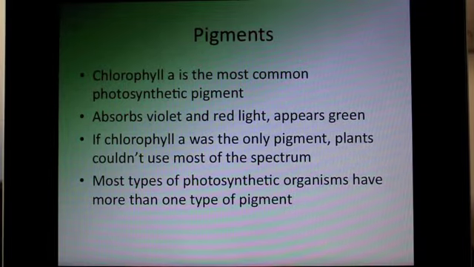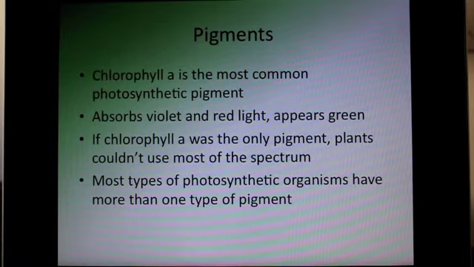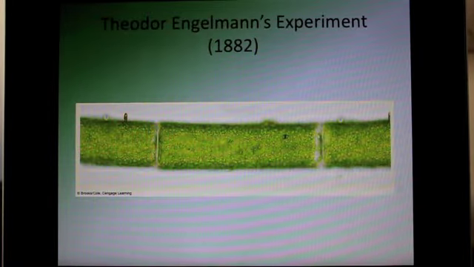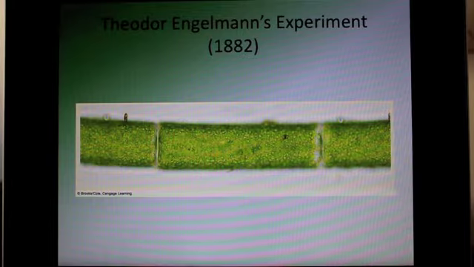This is also, if you've seen those Japanese maple trees that have, maybe that's not the right species, but the maple trees that have the dark purple leaves, those do not have chlorophyll A as their dominant pigment. They have another pigment.